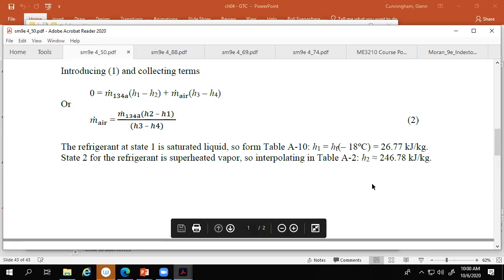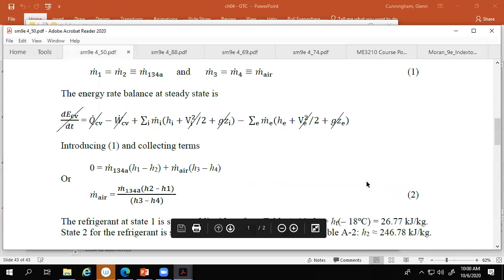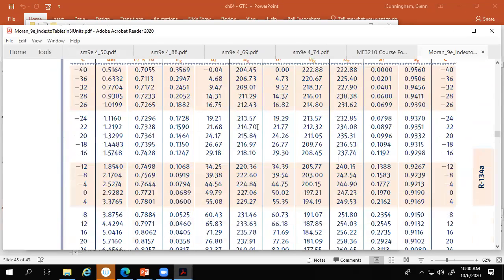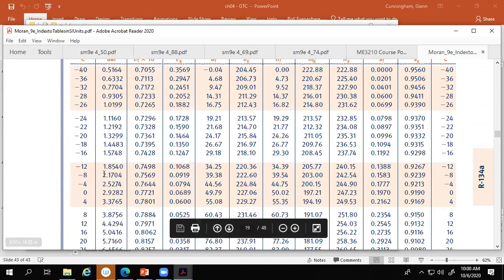Okay, so we had to interpolate, I guess, for this second state. So we're superheated, he's telling us. So let's see, we're -6 and 1.4 bar. He doesn't even have -6 in the table.